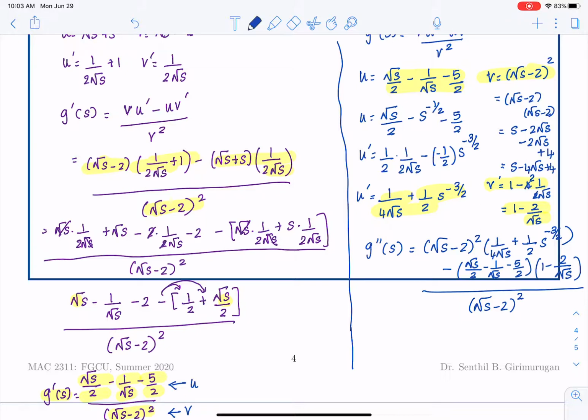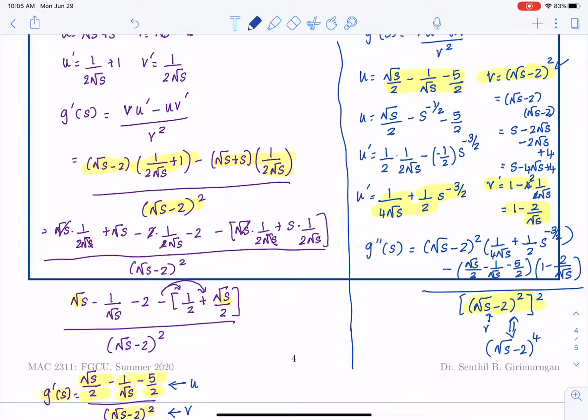That is just v, and we have to square it again because v is square root of s minus 2 squared. So we may leave the denominator as is, but this is the same as square root of s minus 2 raised to the 4.